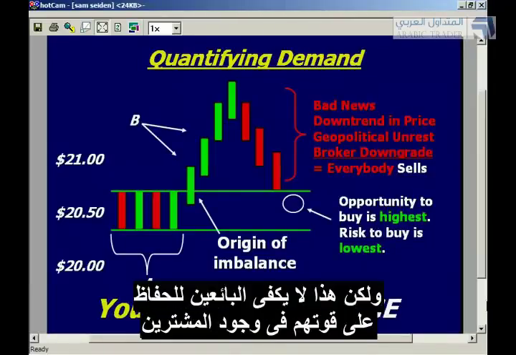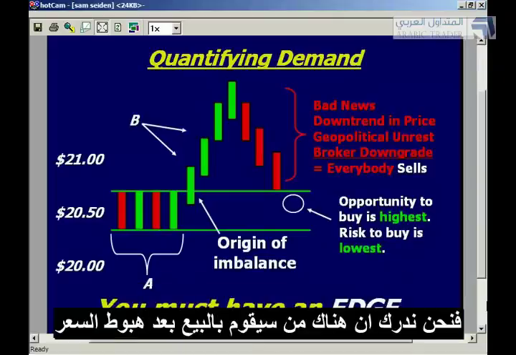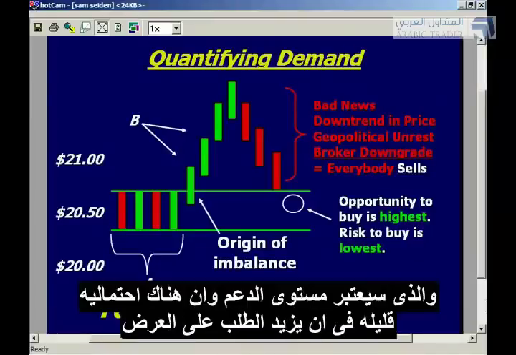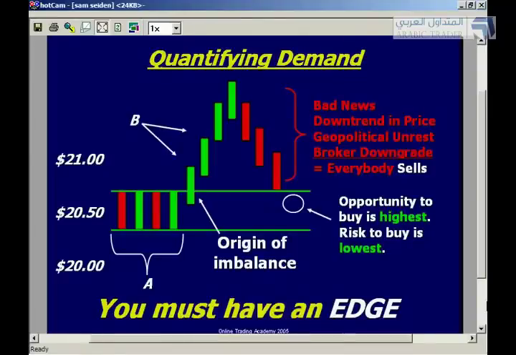There were too many buyers. Therefore, if and when price revisits this level for the first time, that little circled area, we know that someone is selling after a drop in price and right into a price level where demand exceeds supply. The lowest probability trade you could take is to sell there. We simply want to identify that and be the buyer to that seller.